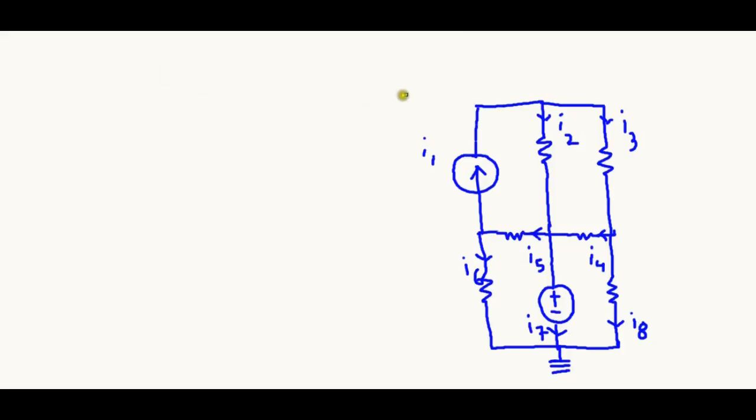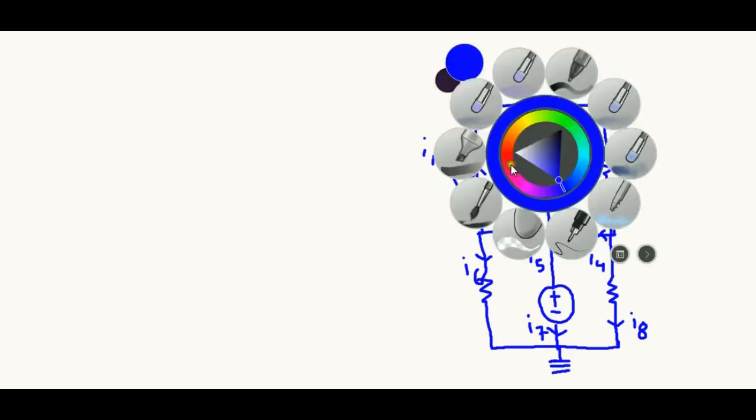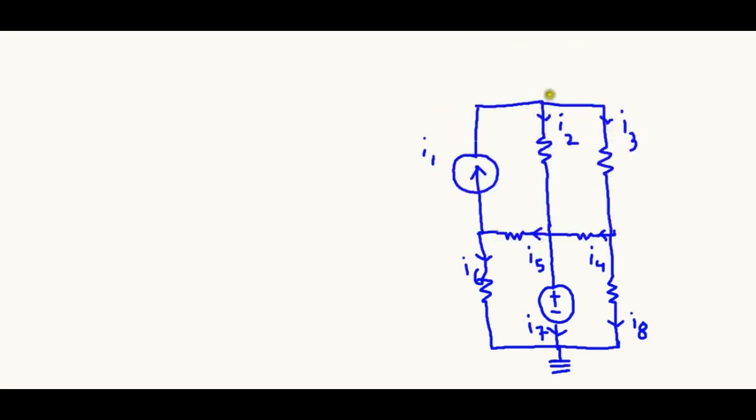Assuming that we have this circuit and we have to apply KCL on each node, and we have to write the equation of the Kirchhoff's current law on each node of the circuit. First of all, we need to identify the total number of nodes that we have, and this has been given to us in the circuit. The first node that I have is this.